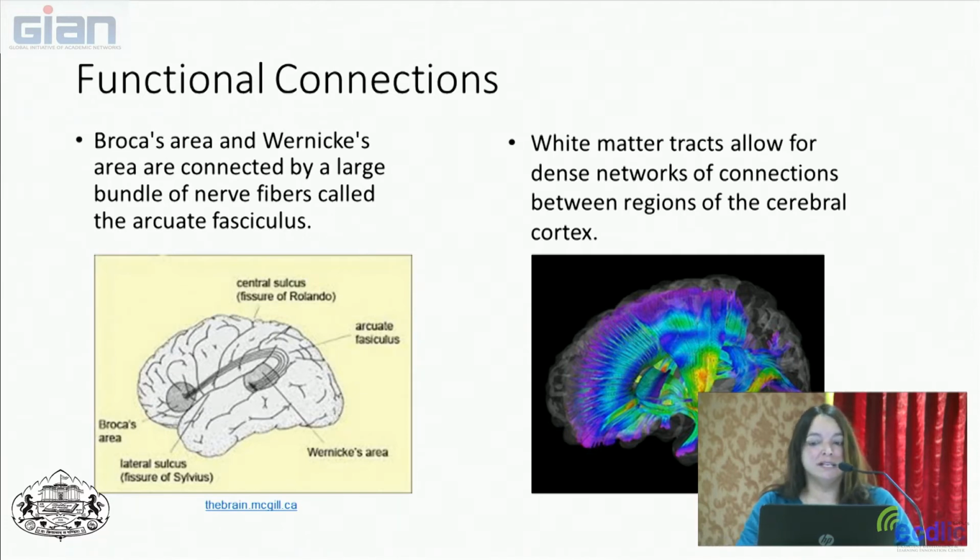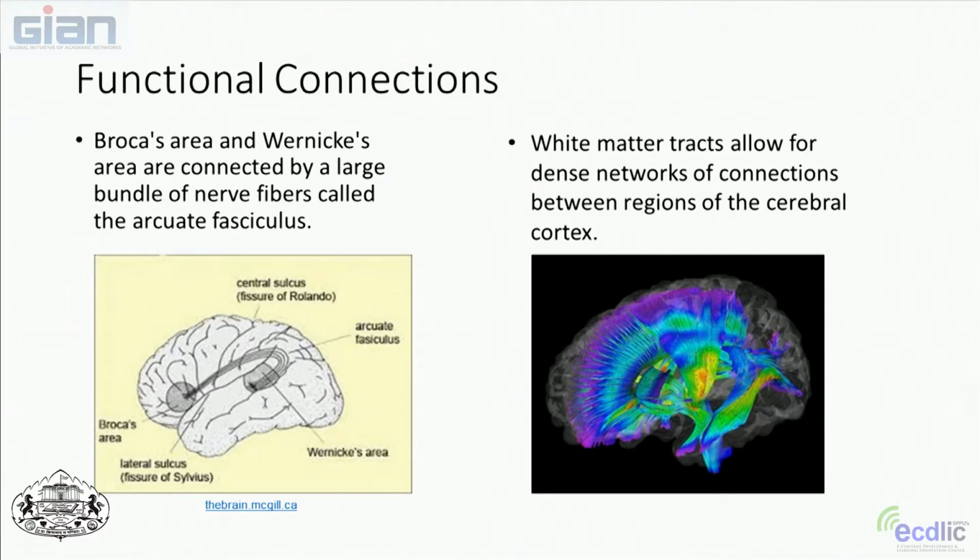Functional connections in the brain are the connections that keep these anatomical regions working fluently together. Like I mentioned, sometimes they're connected by a piece of tissue or nerves or white matter tracts. For example, Broca's area and Wernicke's area that we talked about yesterday, the production of speech and the ability to understand and use appropriate words.